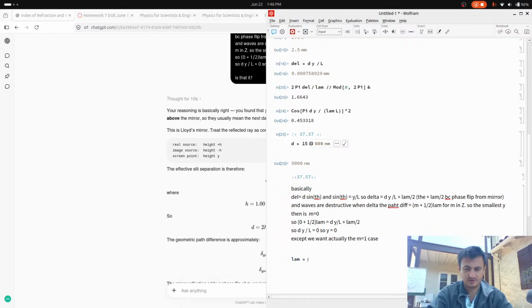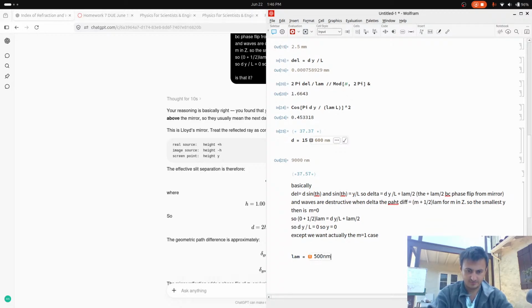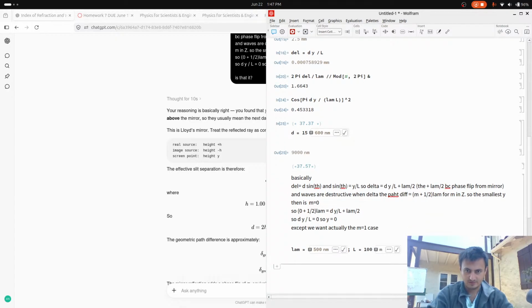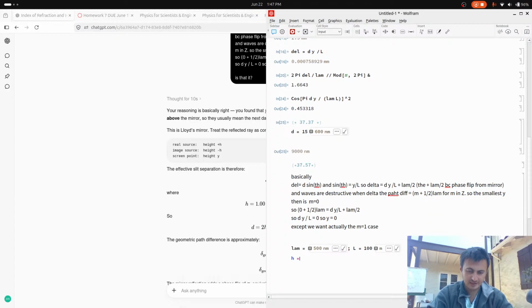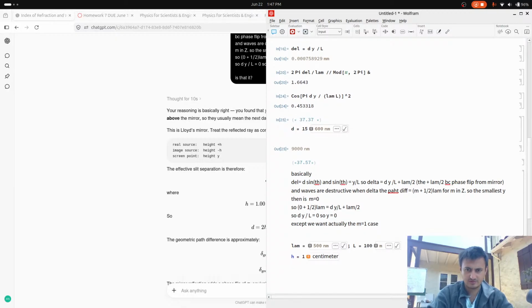So lambda equals 500 nanometers. L equals 100 meters. H equals 1 centimeter.